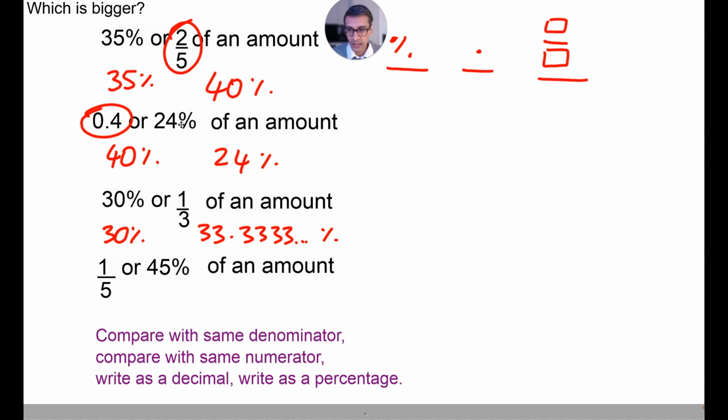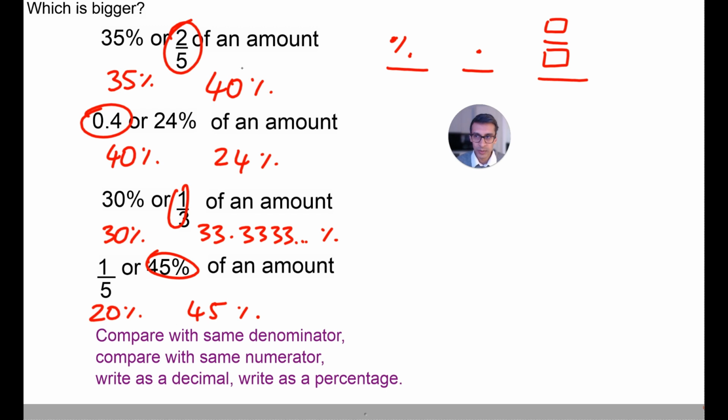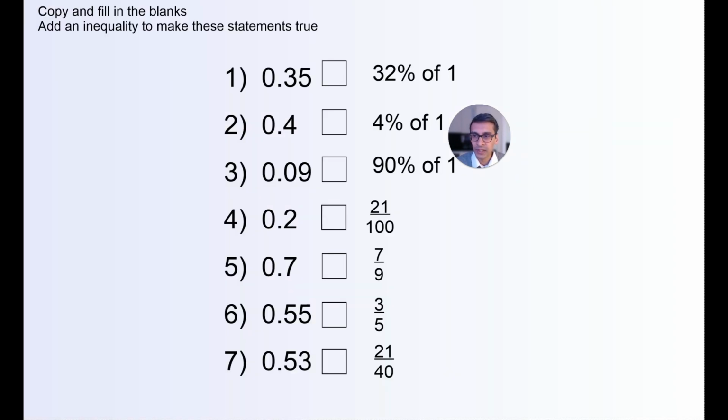Now in this case we can see 1/3 is bigger, very slightly. And 1/5 is 20% versus 45%. So there's a big difference here, 45% is bigger. So in this case, turning them all to percentages was a bit easier. In some other questions, turning them into decimals or fractions might work better.